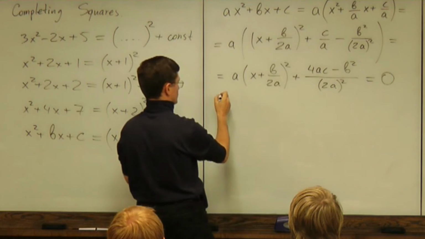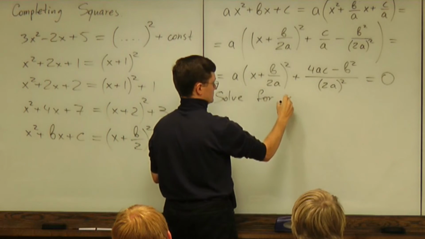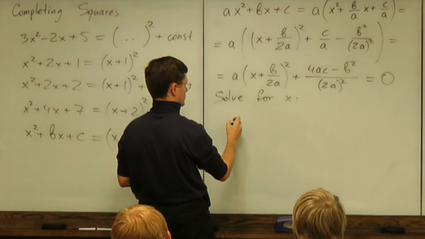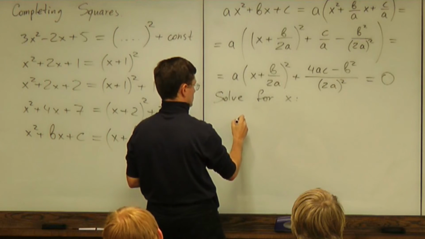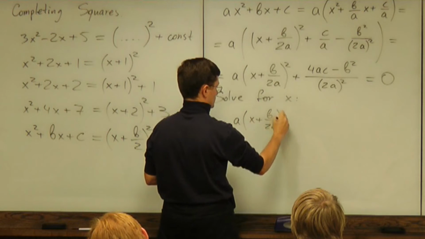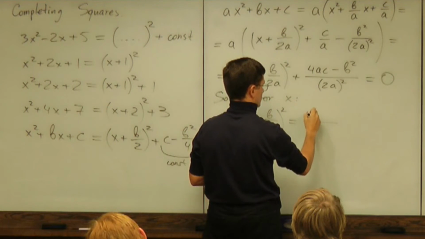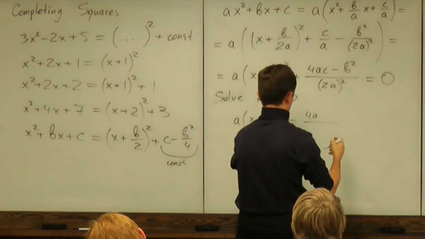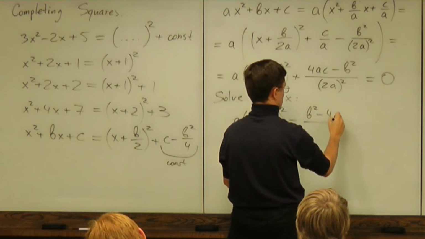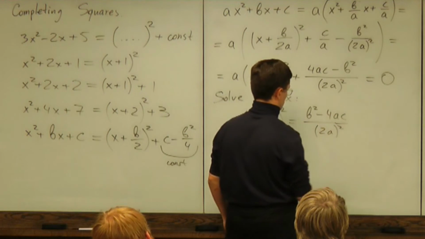Right? So let me solve for x. I will take this to the right, and it will become, well, if I take it to the right, it gains a negative sign, so you have b squared minus 4ac, all divided by 2a squared.